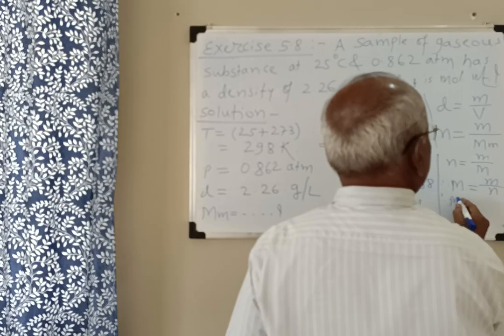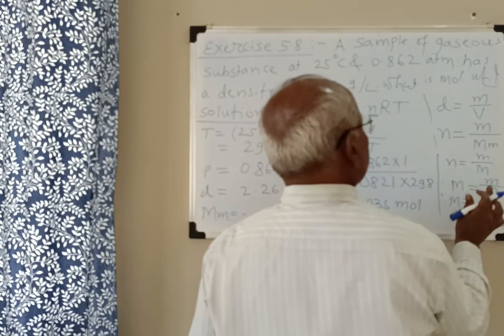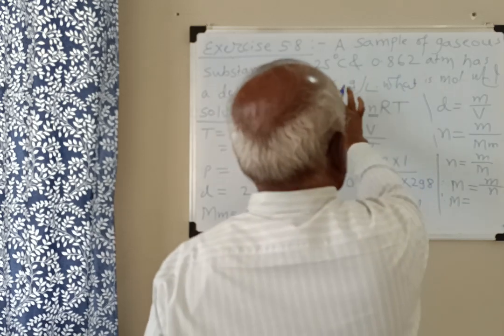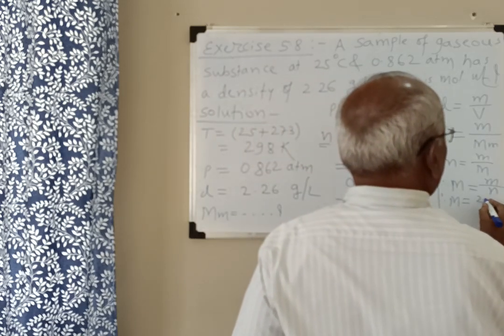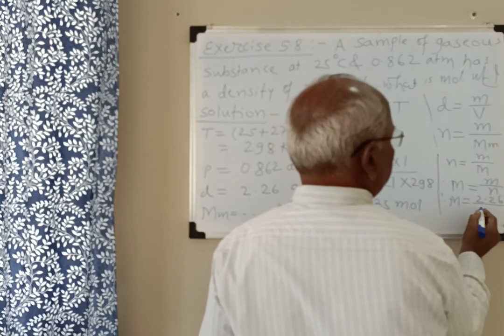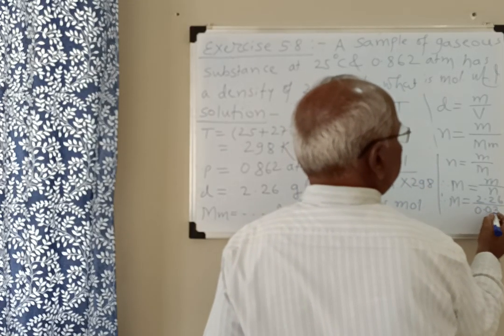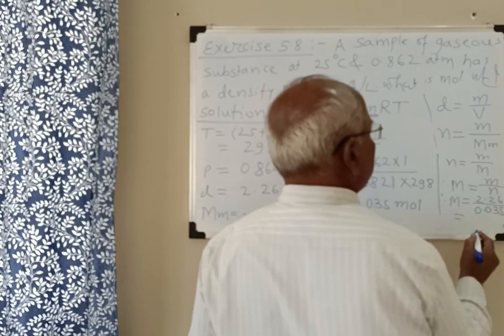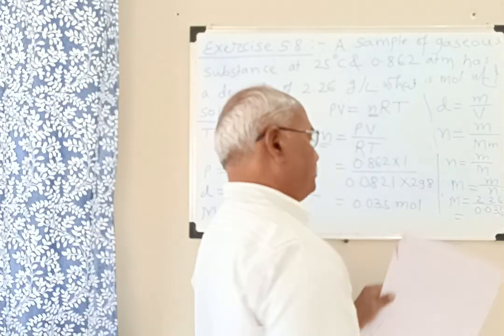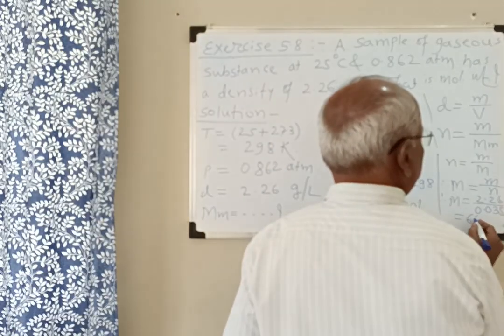Therefore, M is equal to mass of the substance 2.26, divided by moles of the substance 0.035. That is equal to 64.57.